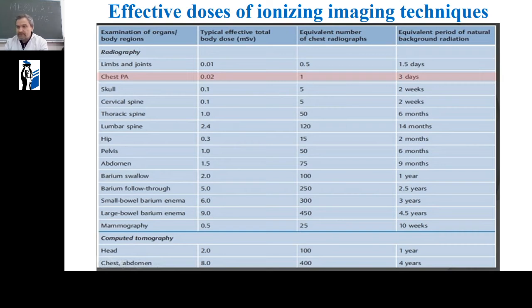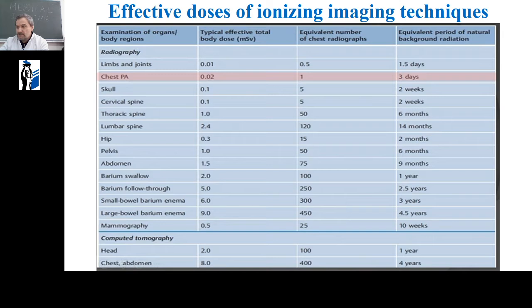Another example. A technique that is mass-produced. All women having reached a certain age should undergo mammography. The effective dose of mammography is 0.5 millisieverts, and this corresponds to 10 weeks of background radiation.